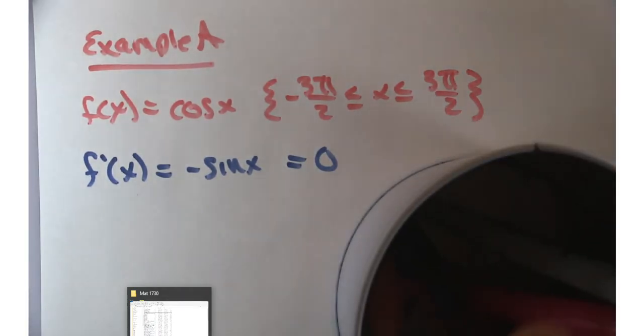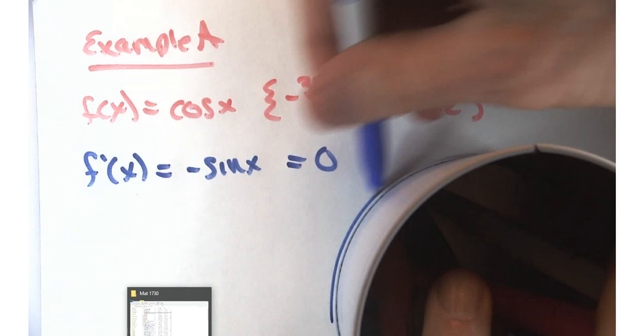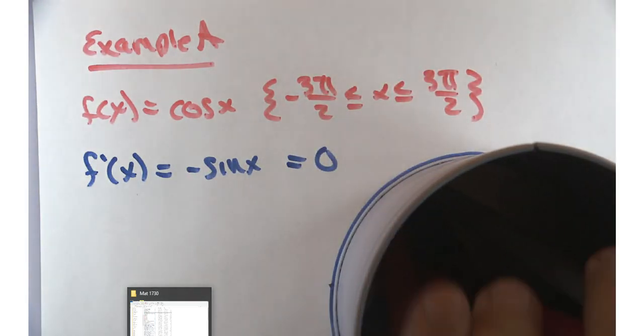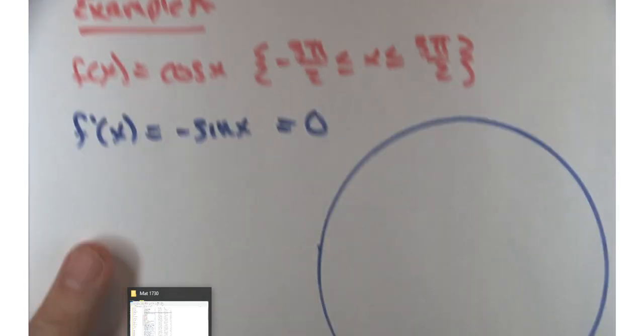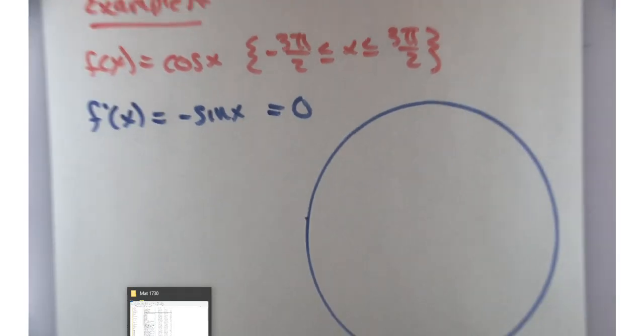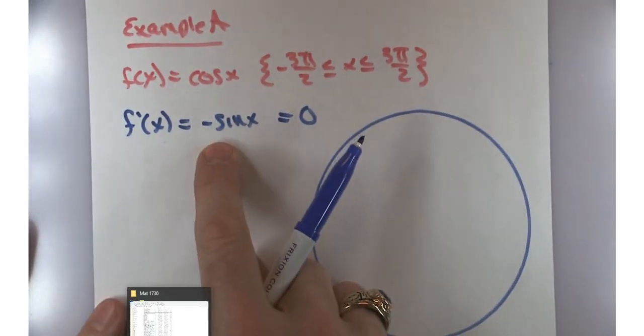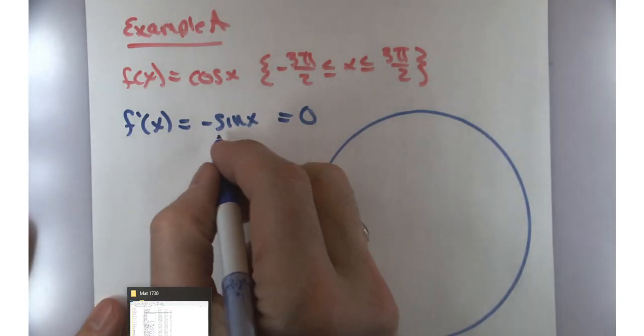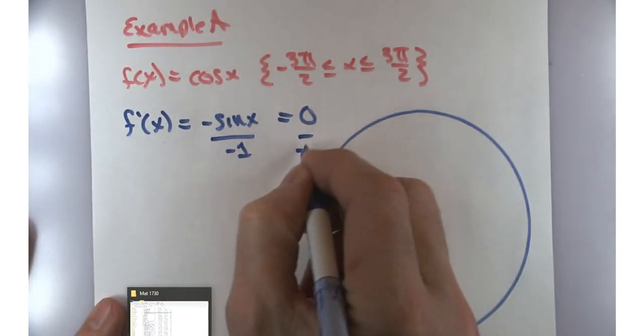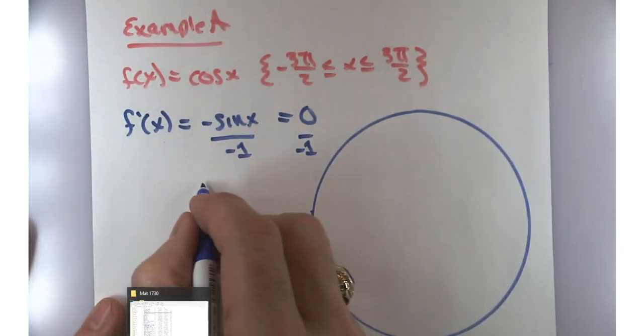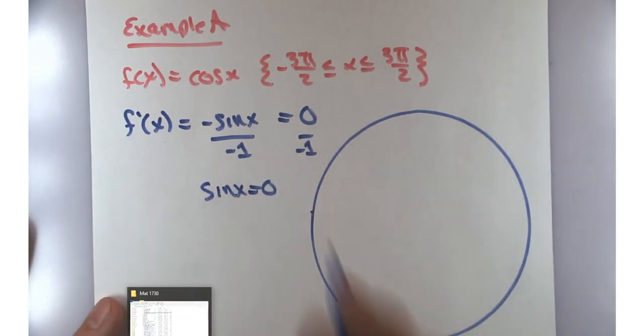Well, that's going back to trigonometry, isn't it? So, wow, that's not fair. Let's see if we can figure out where the sine of x is equal to 0. Actually, we got minus sine of x, but does the minus really matter in this equation? If I divide out by negative 1, I end up with sine of x equals 0.